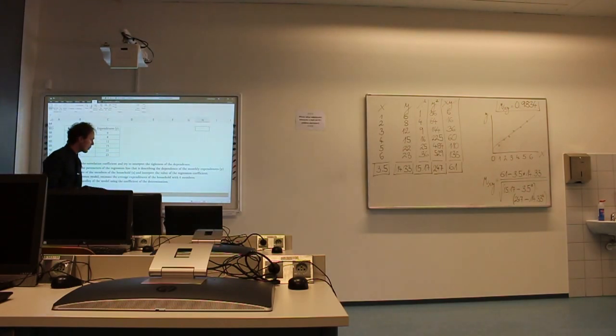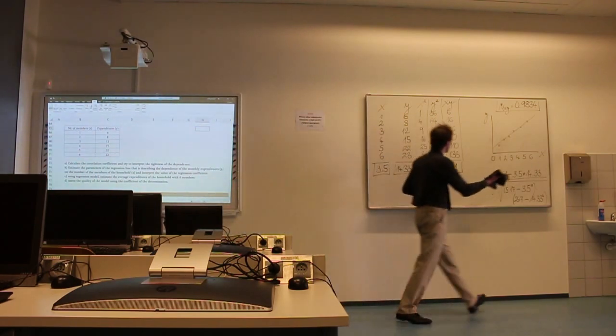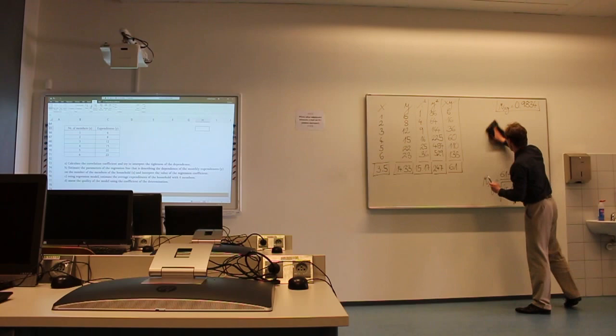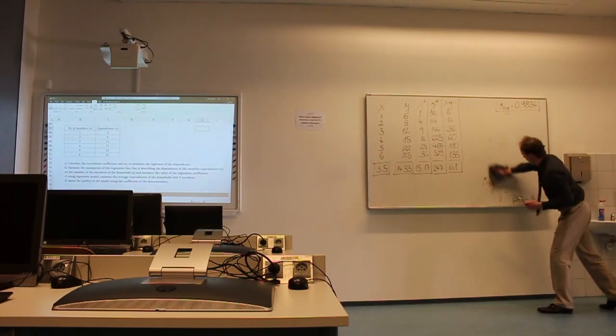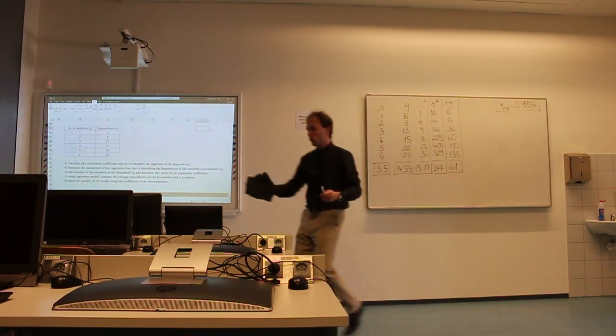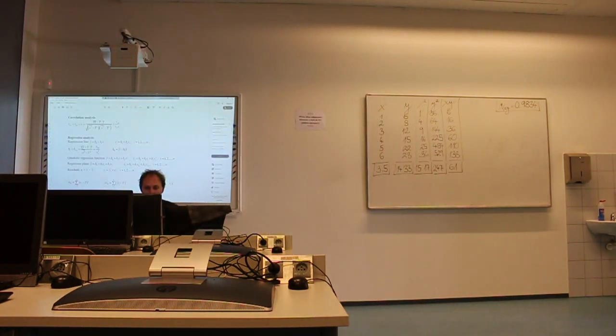And we are able to interpret the value of the regression coefficient. So we need to estimate the intercept and the slope of the regression line. What is necessary for calculation of the intercept and slope of the regression line?